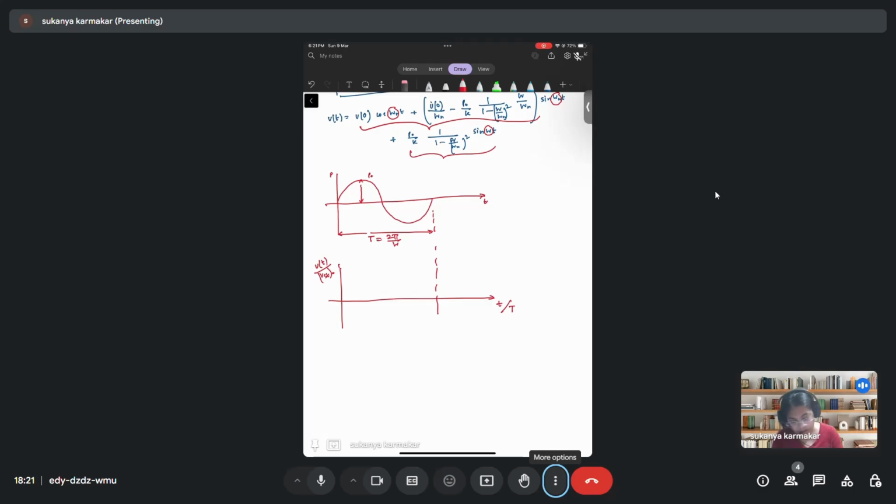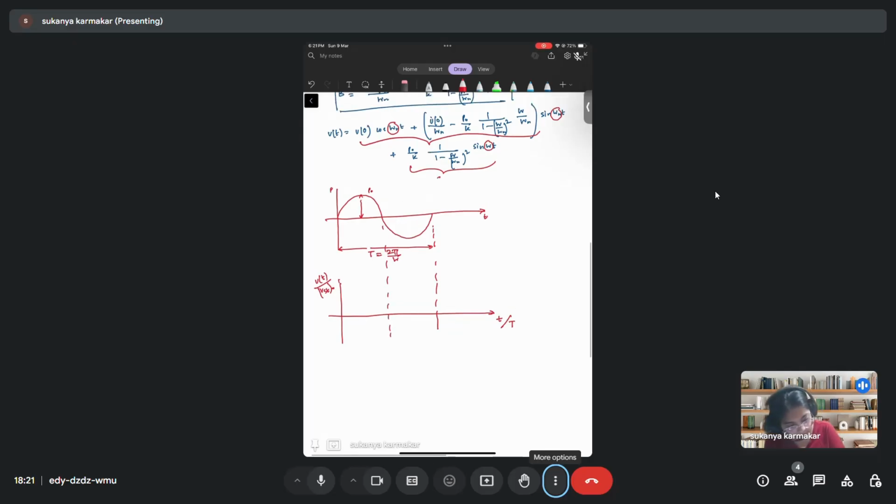Here what do we see? That my steady state response, this being the steady state component, is governed by omega. It will have the same period as the exciting force.